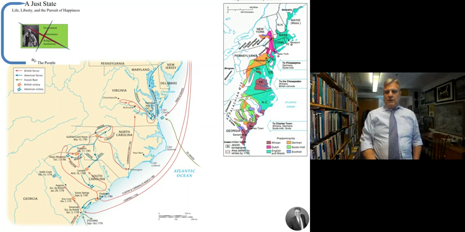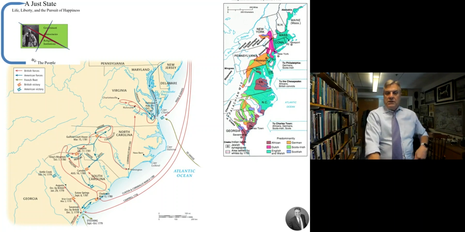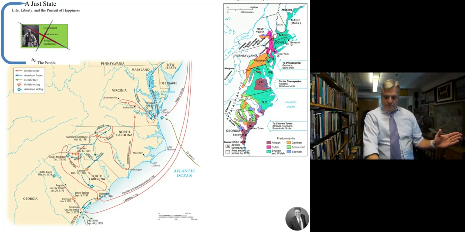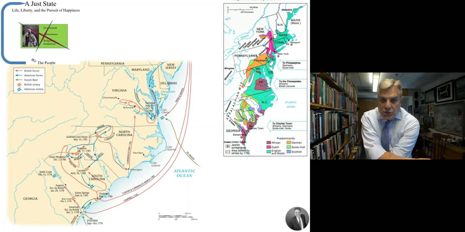So the French blockade the ports in the south, and then, coming out of the hills in South Carolina, North Carolina, Georgia, you have the Scots-Irish. They'd been largely off of the political map, but what they wanted to do was defeat the British.